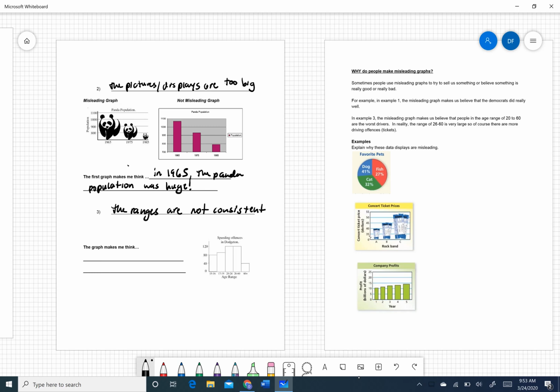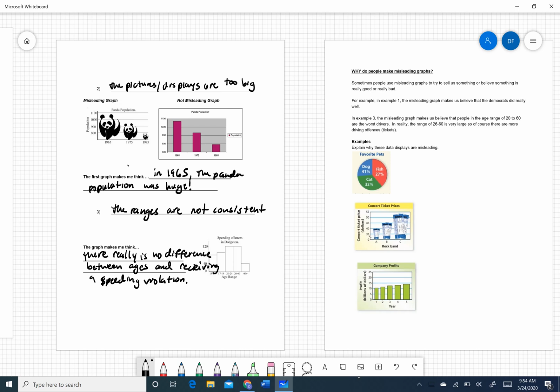And so if I look at this graph, it looks like it's telling me that there really is no difference between ages and receiving a speeding violation.